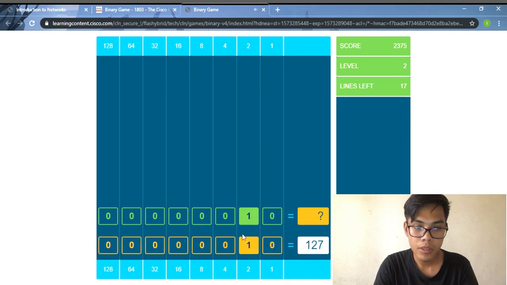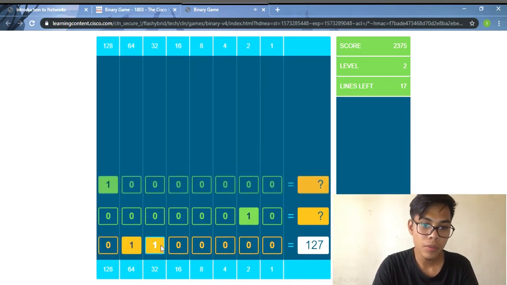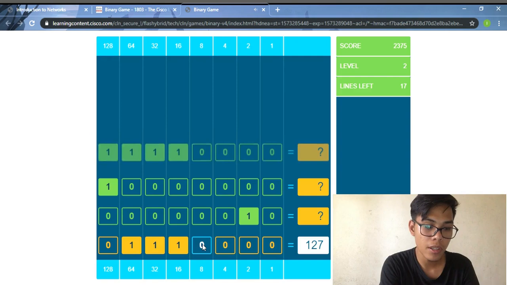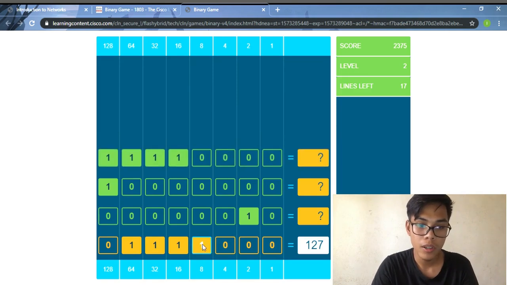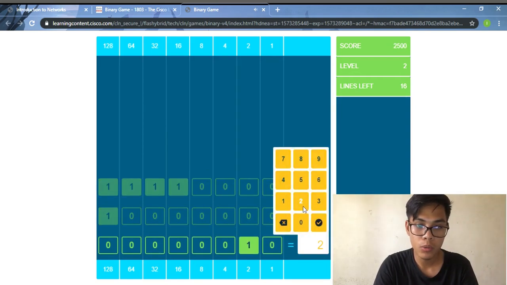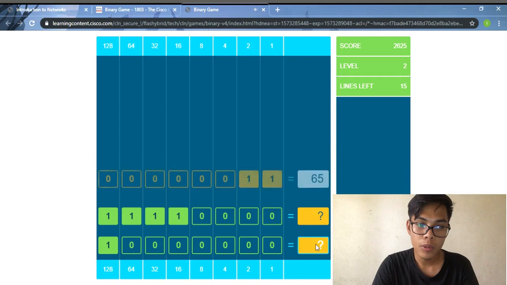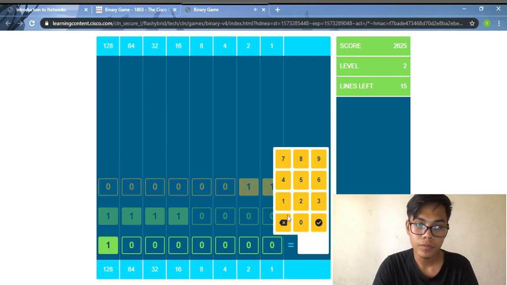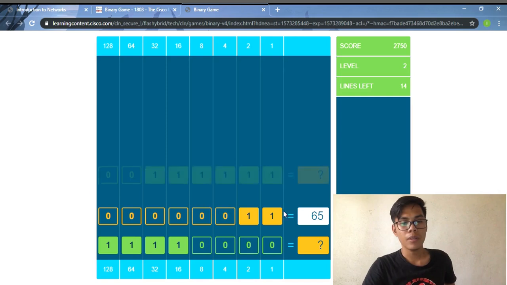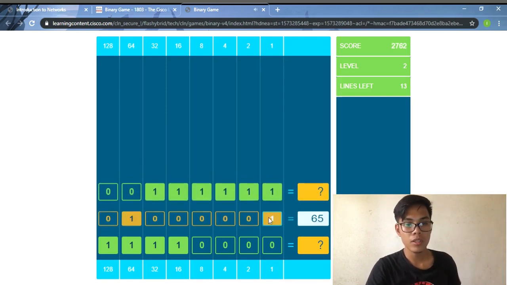127 is so 64 and 32. 64 plus 32 is 96 plus 16 is 112 plus 8 is 120. So let's put this here, there, and this is going to be 2. It's 128. So this 65 is this.